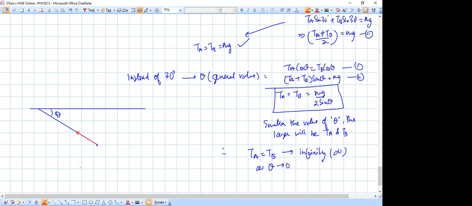So this tension is just geometry, beta. It's nothing very complicated. You just pay attention to how to get these angles geometrically. So this angle theta will be equal to this angle theta, no? Because this is horizontal and this is also horizontal. So why should there be confusion with these things?